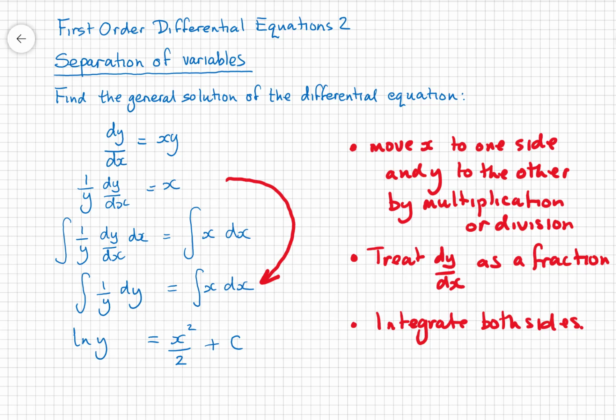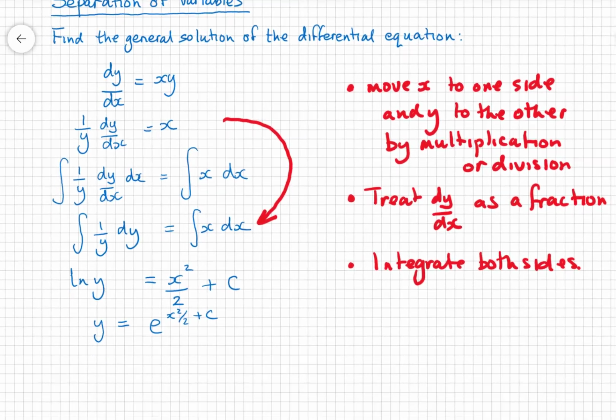We can then write it as y is equal to a function of x by doing y is equal to e to the x squared over 2 plus c, where the x squared over 2 plus c is all in the power, the exponent of the e term.